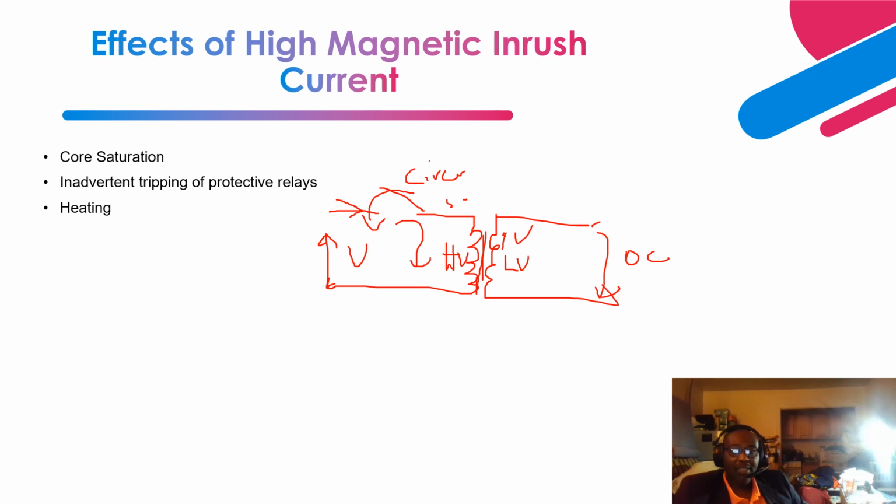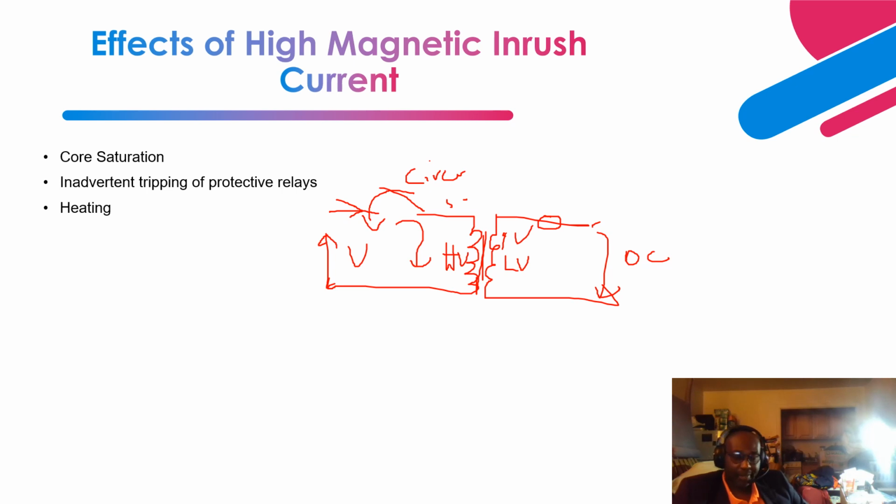But because there's no load connected, no current is going to flow on the secondary side. There's going to be current flowing on the high voltage side, and I indicated that this makes it vulnerable for differential protective relays to trip because of that.